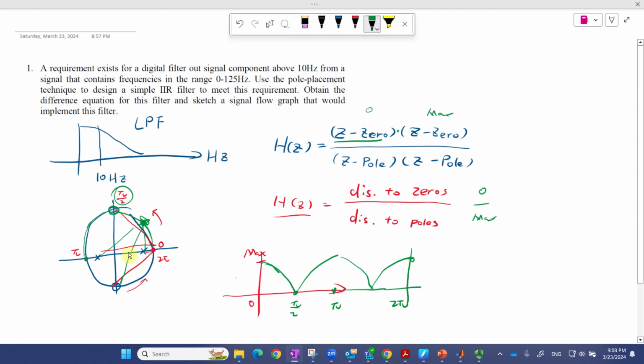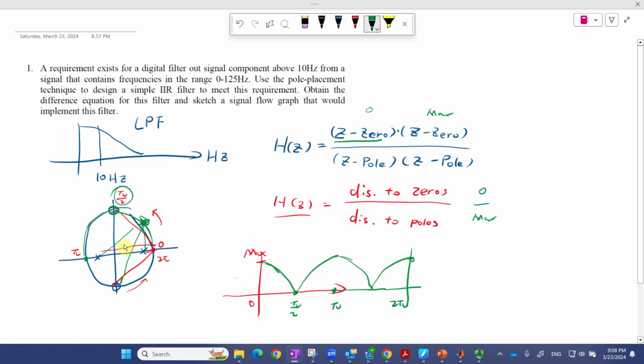All right, so this is the curve or the shape of the frequency domain by looking at the z domain. This is a rough method to sketch the frequency response by looking at the locations.